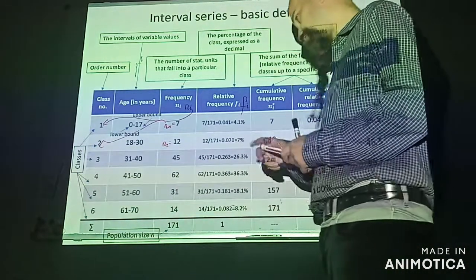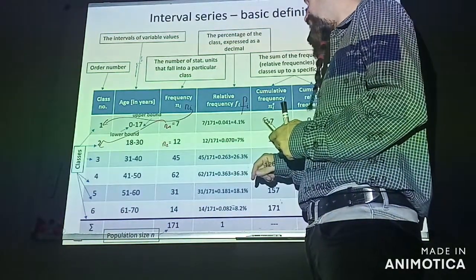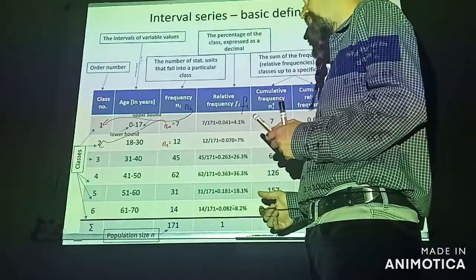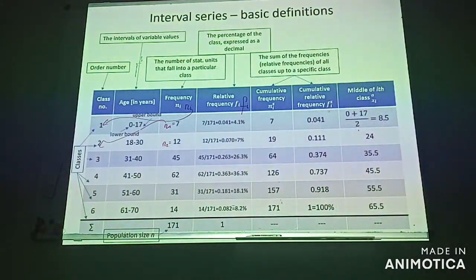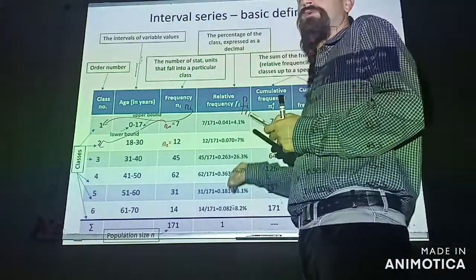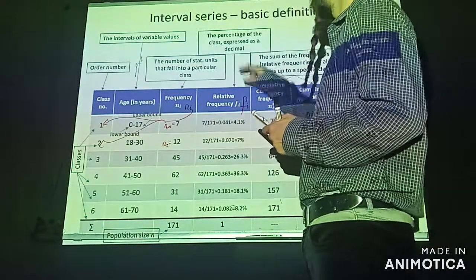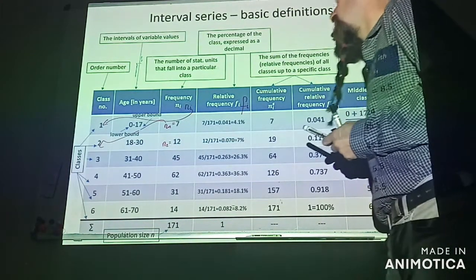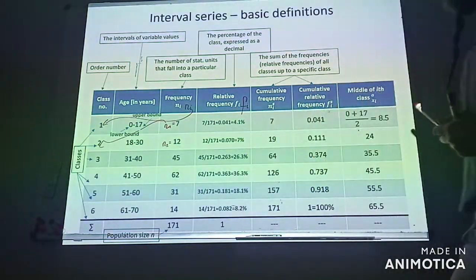So relative frequency represents a similar phenomenon in comparison with the previous column, but here we use the percentage of statistical units, the percentage of the class expressed as a decimal, or expressed as a percent.